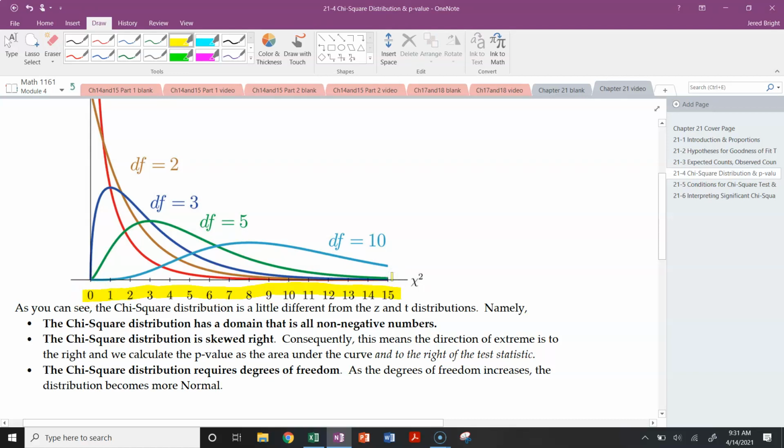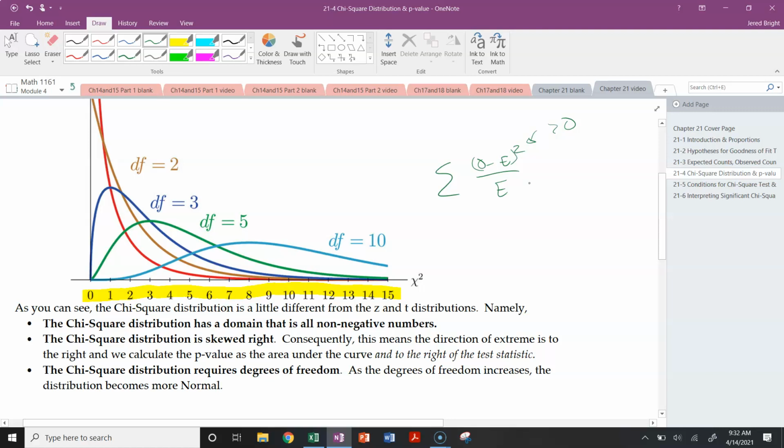That makes sense because when we computed the chi-squared test statistic, it was O minus E squared over E. The numerator is positive and the denominator is positive, so the whole thing is just adding a bunch of positive numbers. Well, I should say non-negative, so the domain is going to be all non-negative numbers.